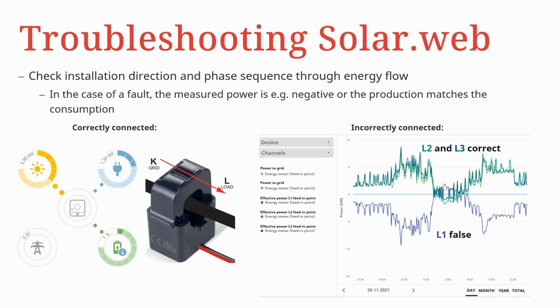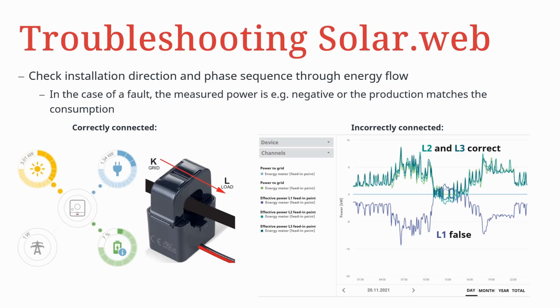Here we can see on the left how it should look in the best case. The energy flow is correct, and therefore also the installation direction must be correct. In the picture on the right you can see how it should not look, because in this case of an error the measured power is negative or the production is the same as the consumption. In this case the installer has connected two current transformers correctly and one current transformer incorrectly.